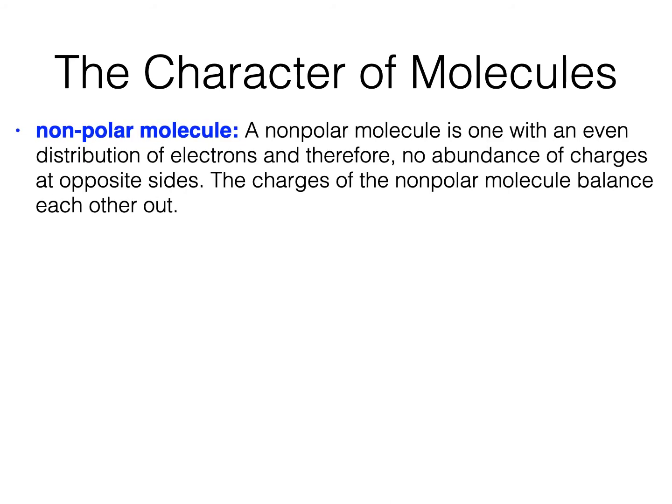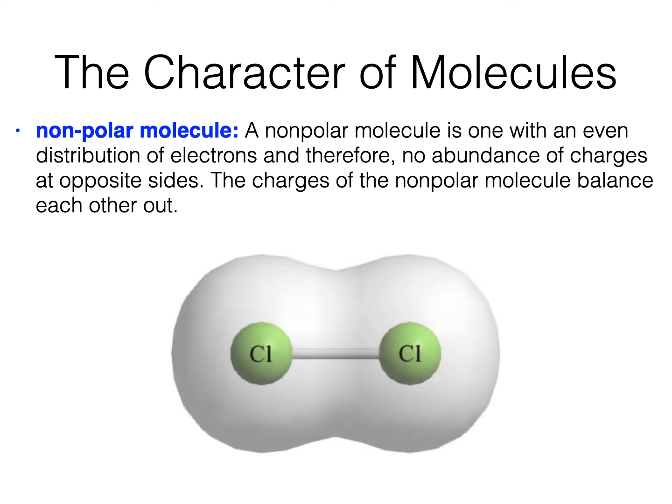This would be a situation where there is an even distribution of electrons across the whole molecule. That is depicted here in this chlorine molecule, where the two chlorine atoms are sharing a pair of electrons. They have the same electronegativity, 3.0. They spend no more time around one chlorine atom as opposed to the other. There's an absolutely equal distribution.